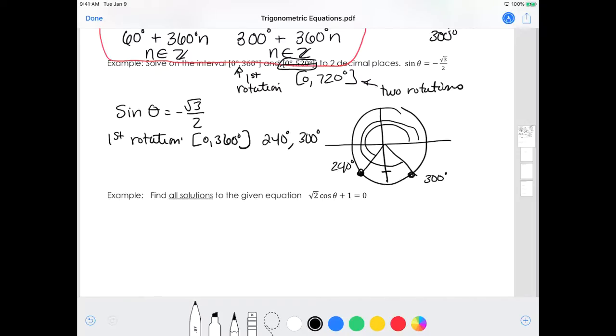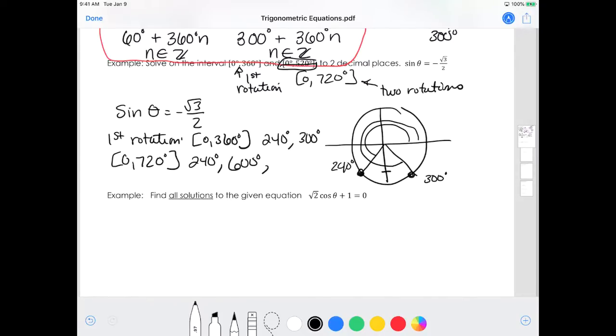If I wanted to do it on the interval from 0 to 720 degrees, that means I want to add 360. I want to do another rotation. So I want to add 360 to both 240 and 300. If I take 240 and add 360, that's going to give me a second rotation, which is going to be 600. So I have 240 degrees, and then I have 600 degrees.